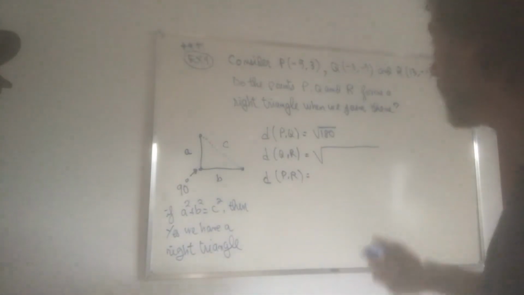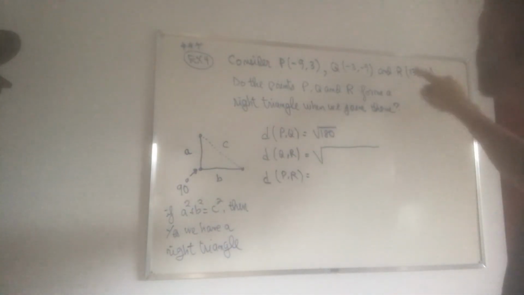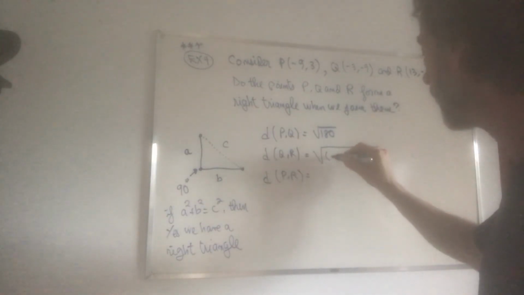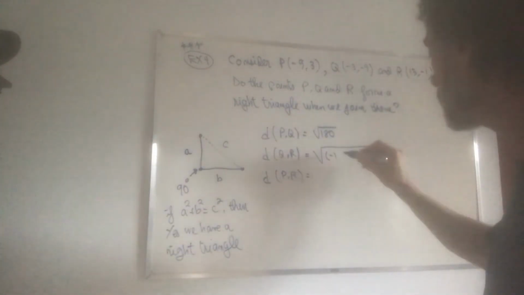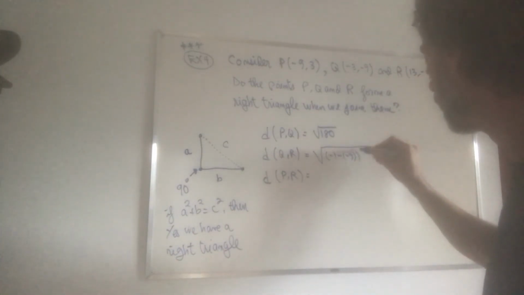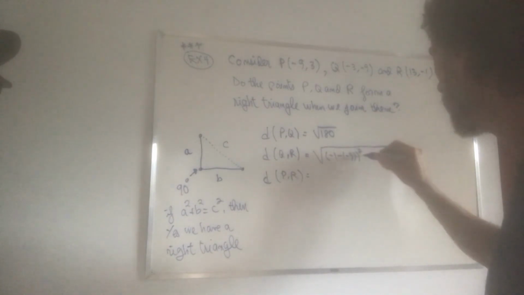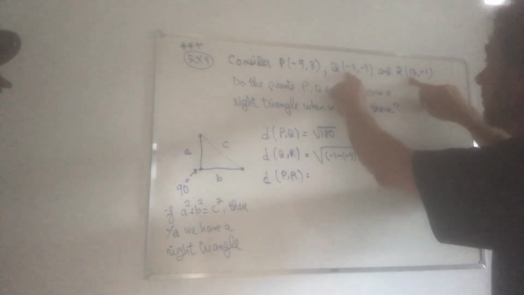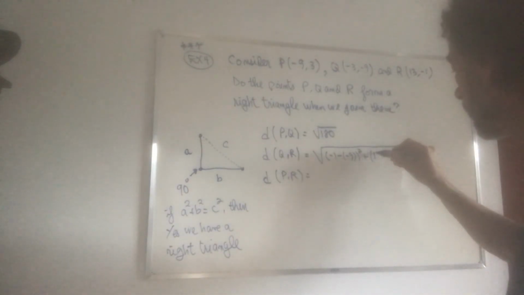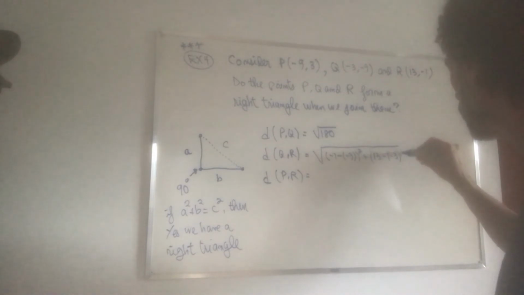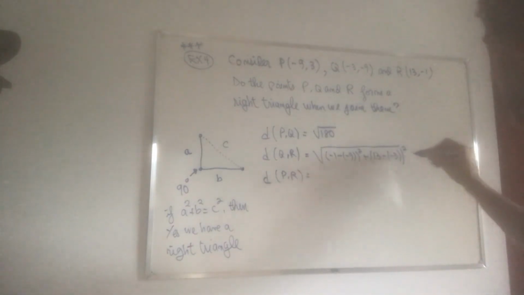Again, y2 minus y1, so Q and R. So let's do y2 minus y1: minus 1 minus 9, squared, plus, so minus 1 minus 9, and 13 minus 3. 13 minus 3. So what would that be?